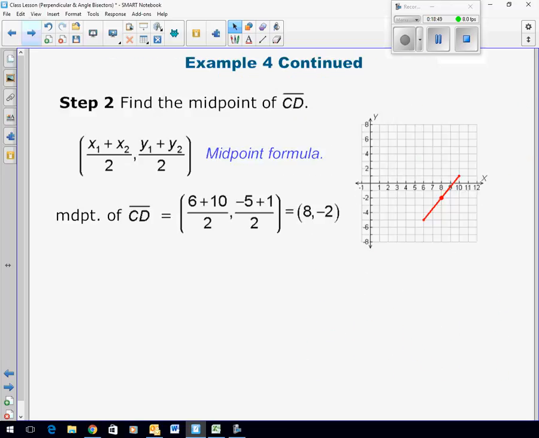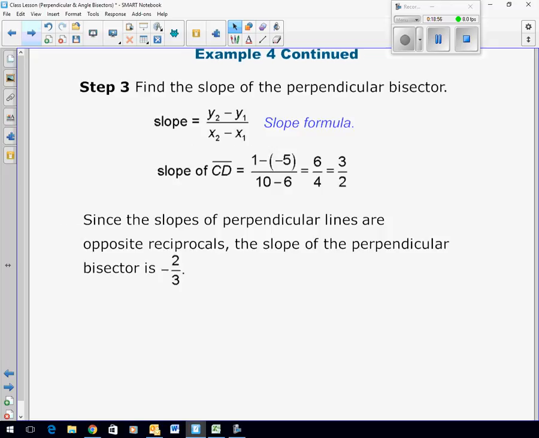Look how they do it. Midpoint formula, we found the midpoint of 8, negative 2. Find the slope of the perpendicular bisector. Find your slope, which we did too, 6 over 4. Since the slopes of perpendicular lines are opposite reciprocals, the slope of the perpendicular bisector is negative 2 over 3.